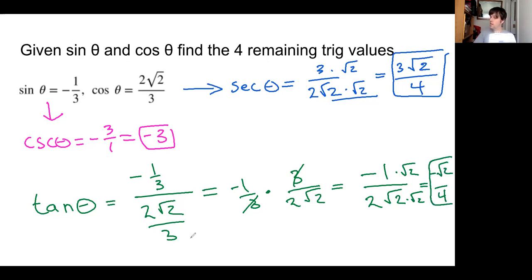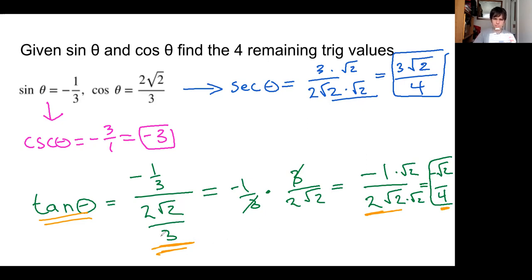I could go ahead and use the other quotient identity to figure out cotangent. Another thing I can do is use my other reciprocal identity. Since I know tangent and cotangent are reciprocals, I could pick any of these stages and flip it over into its reciprocal. If I'm strategic, I can pick one that's really nice.